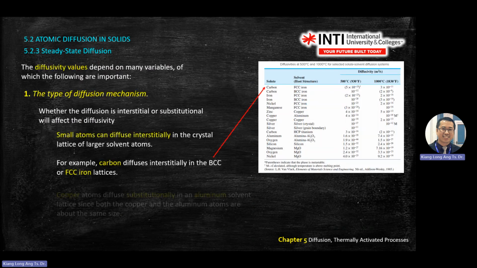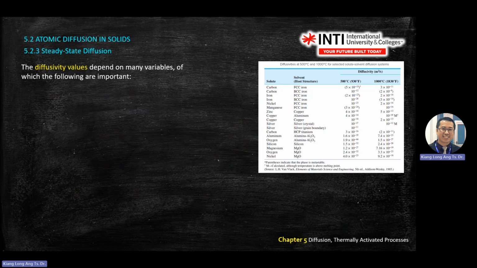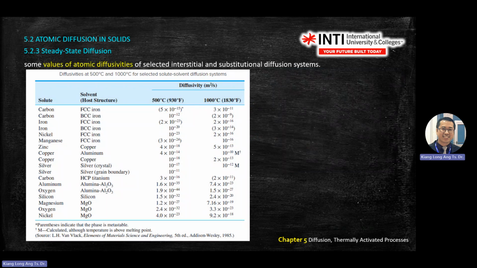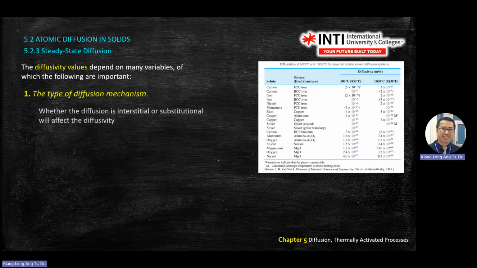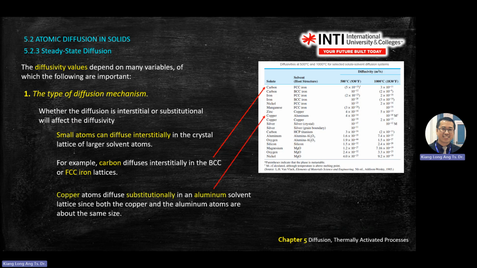But if you have bigger atoms, copper diffused in aluminium, the value becomes bigger: 4 times 10 to the power minus 14 meter square per second. You see the value changes from 10 to the power minus 15 to 10 to the power minus 14. Okay, so it depends on the type of atoms.